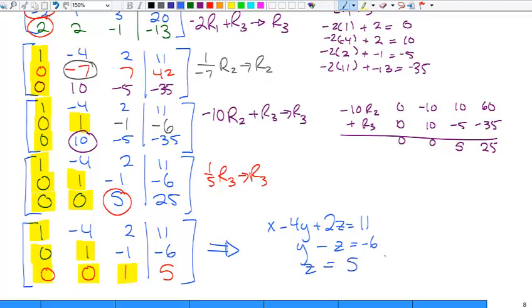And then I'm going to rewrite it one more time because I want to solve for the x, the y, and the z. So I am going to rewrite these using transposition. To get x all by itself, I'm going to move the two terms that are next to it. So the 4y goes to the other side, and because I change it to the other side, it becomes positive.